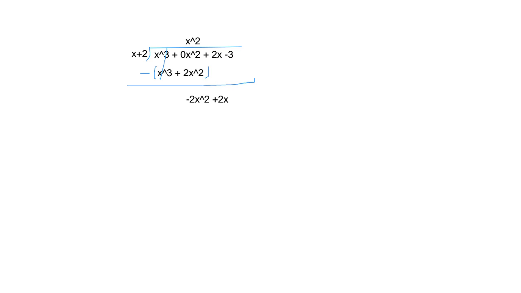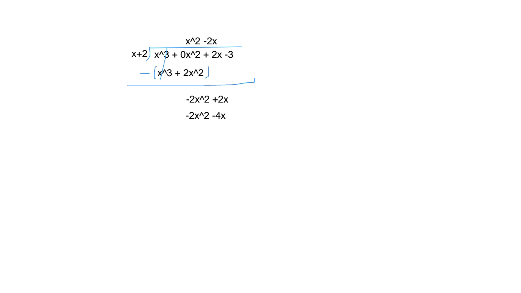Now what do we need on top? We need to put a negative 2x on top, right? Because x times negative 2x will give us negative 2x squared. Then negative 2x times 2, because I have to multiply negative 2x with 2, that's negative 4x.